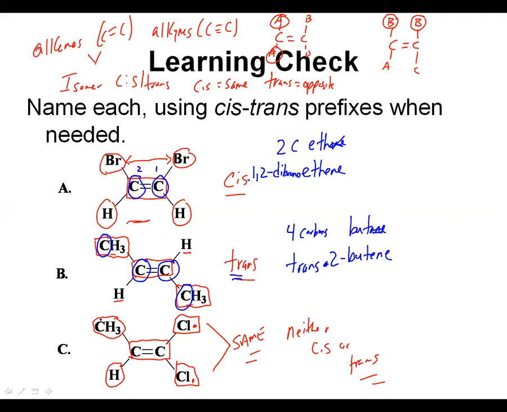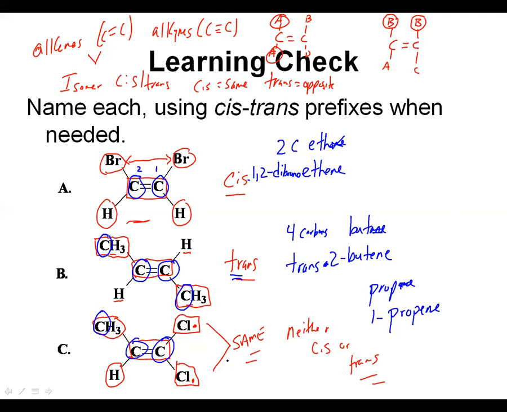So the longest carbon chain here would actually be 1, 2, and 3, which is based off of propane. We have that double bond making it propene. And really, you kind of don't need it, but we'll use it anyways. We'll call it 1-propene.